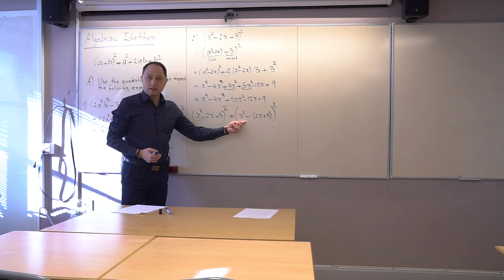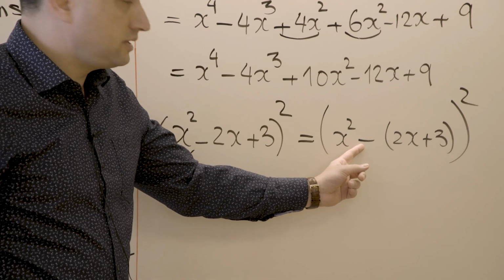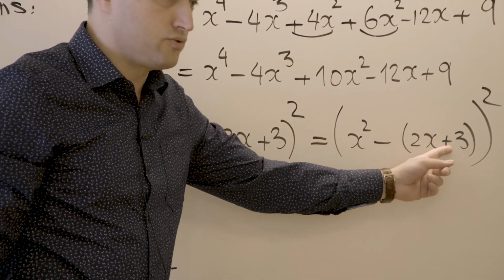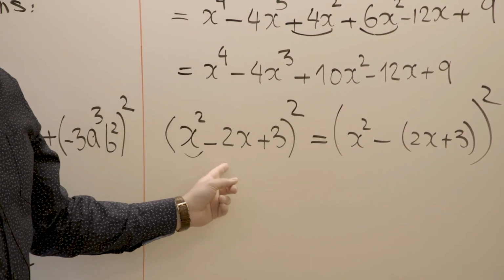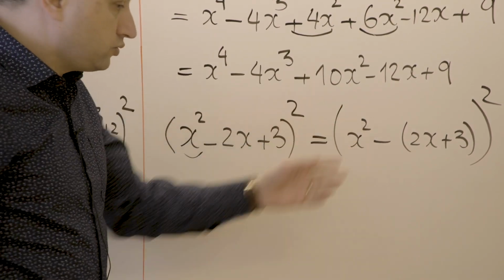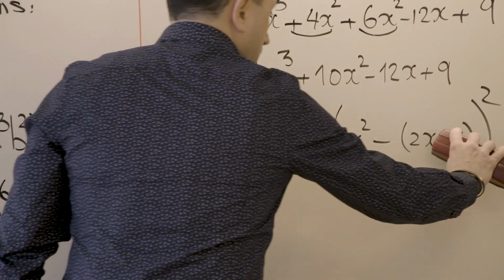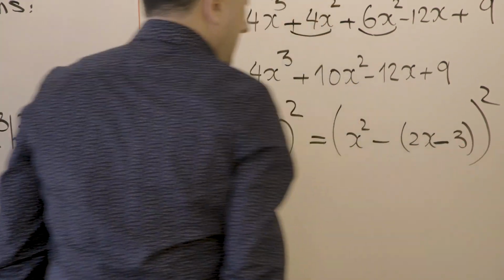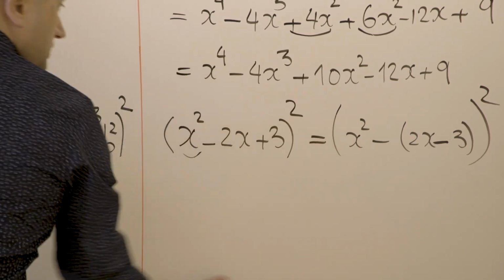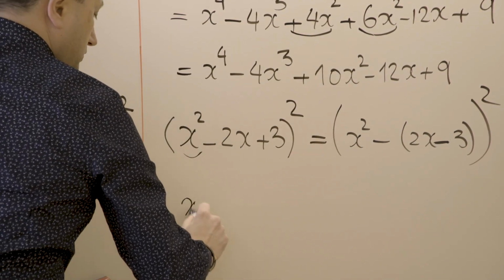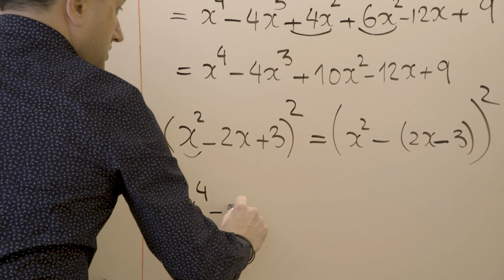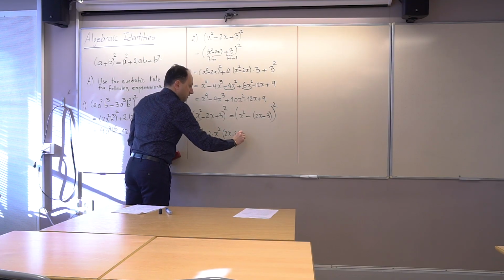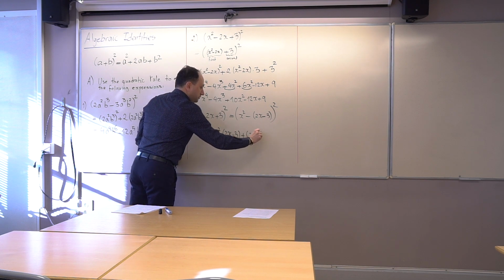Yes, 3 should be negative. So if you do that, this is wrong, because when I multiply this negative sign inside, it becomes negative 2x, negative 3, which is not exactly this expression, yes? So you can do that. Of course, you need to remember that you have to write this minus here. And now, if you continue this solution, then it becomes the first one to the power of 2 minus 2 times the first one times the second one, and then plus the second one to the power of 2.